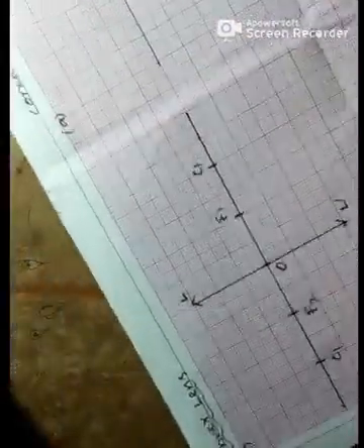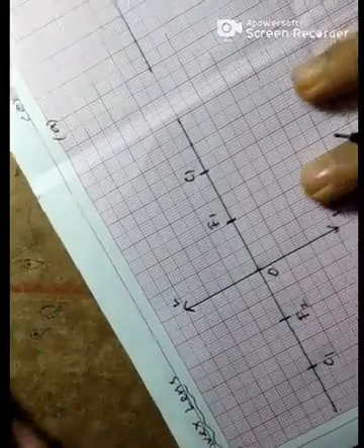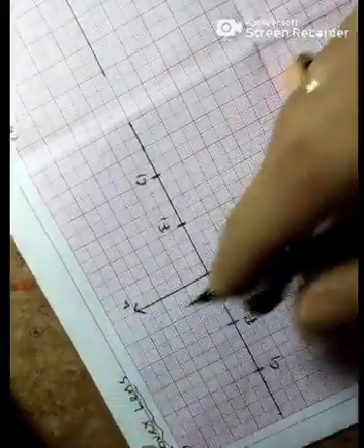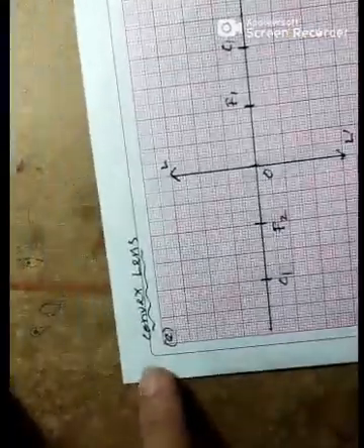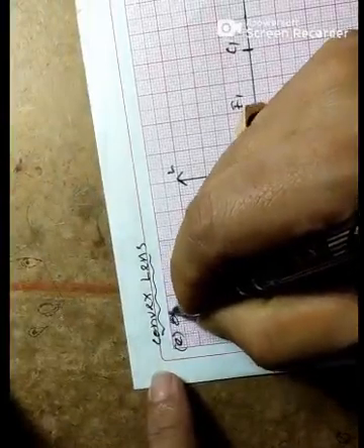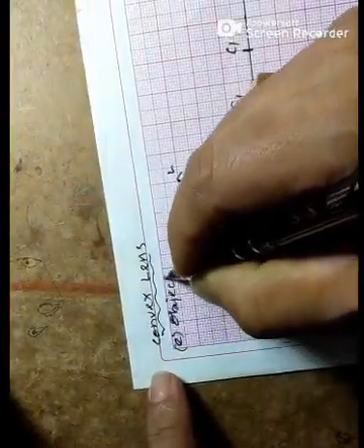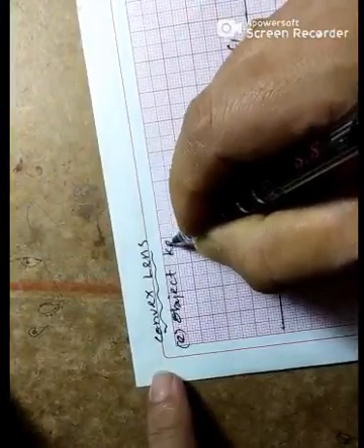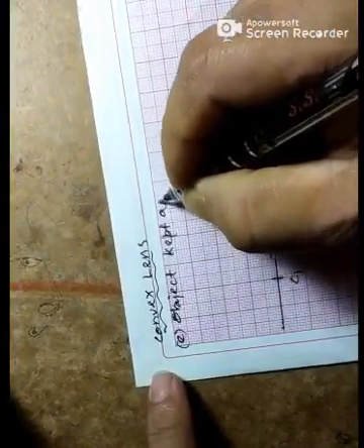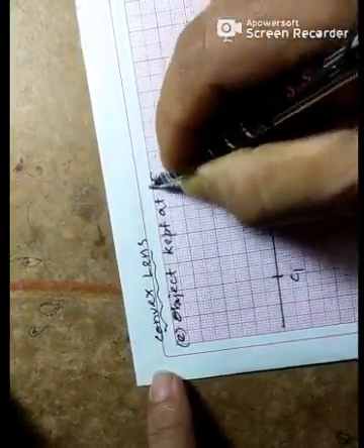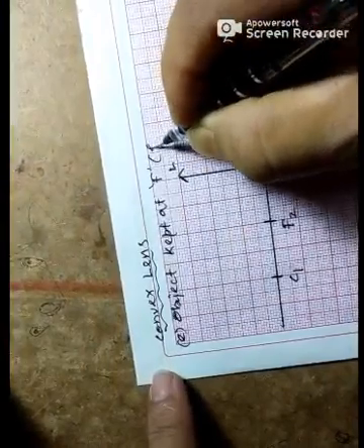Okay. Now fifth condition is where the object is kept at F. So object kept at focal point or focus, that means F length.